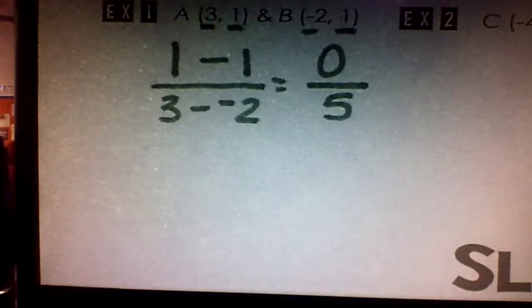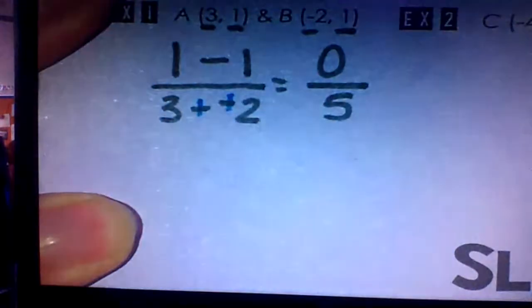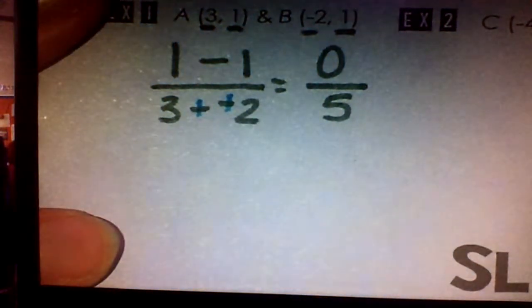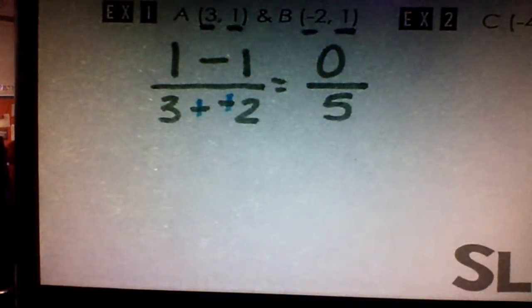Remember, a minus a negative changes to plus a positive. So this is technically 3 plus 2, which is 5. So your slope here then is 0.